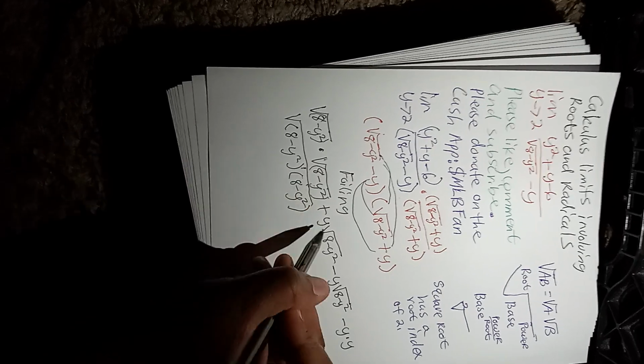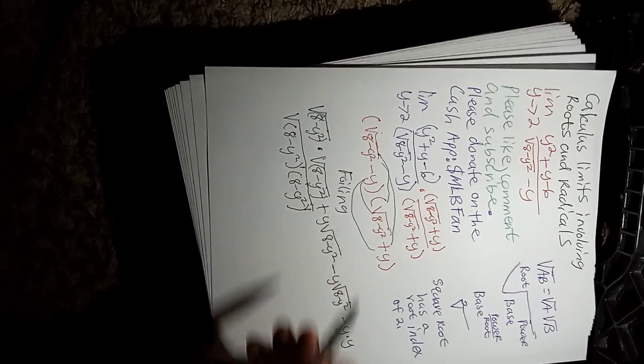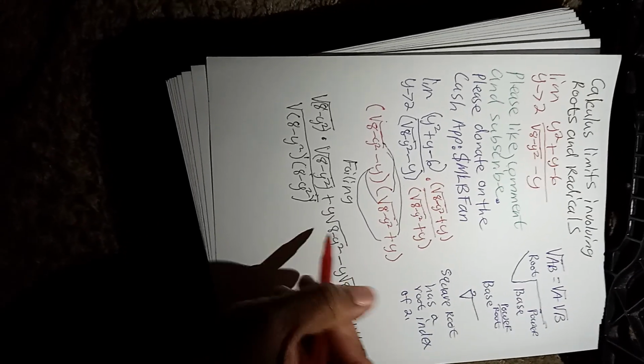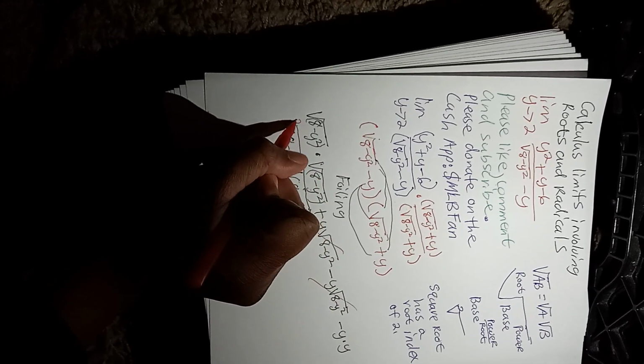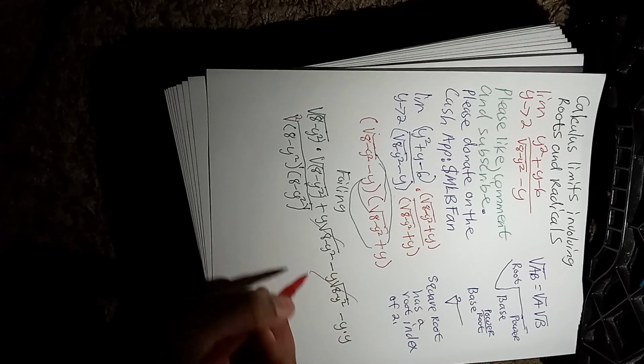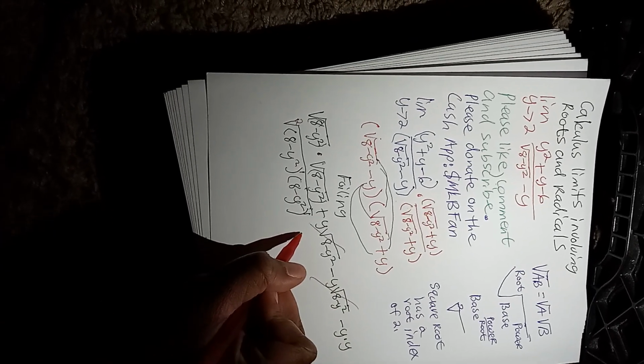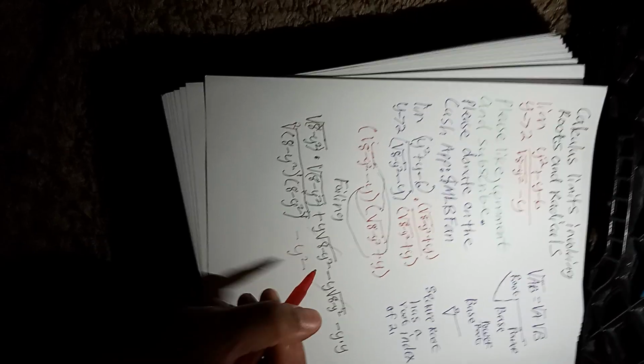They have a power of 1 when we bring them together. And then the middle terms cancel out. And then the square root has a root index of 2. So minus y times y is minus y squared.